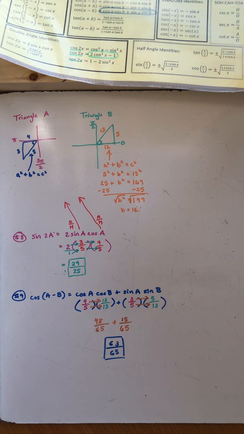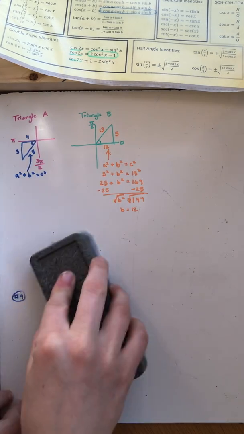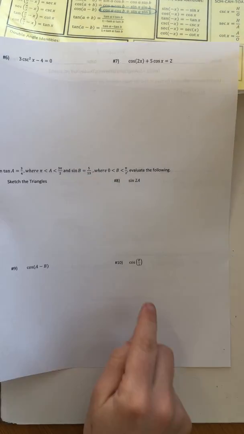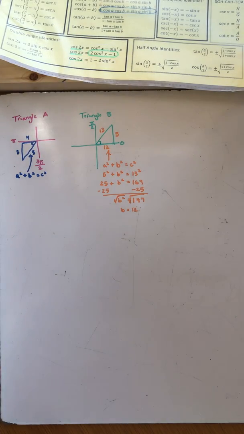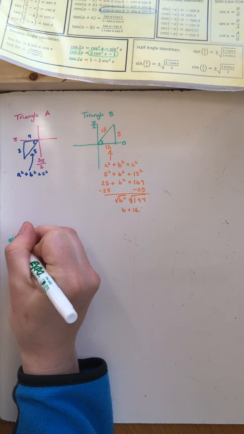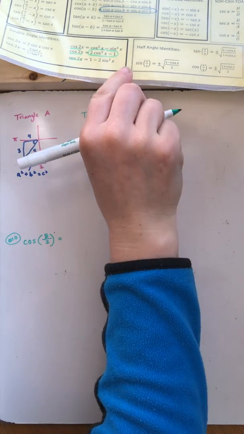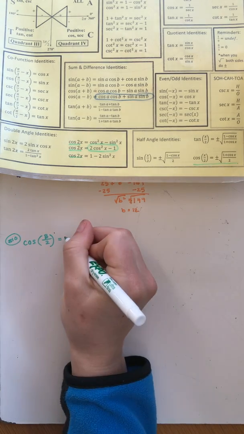Now for number 10, we're doing a half angle formula. Or sorry, not an identity, half angle formula. We're finding the cosine of b divided by 2. So we're going to use our half angle identity, which is right here.